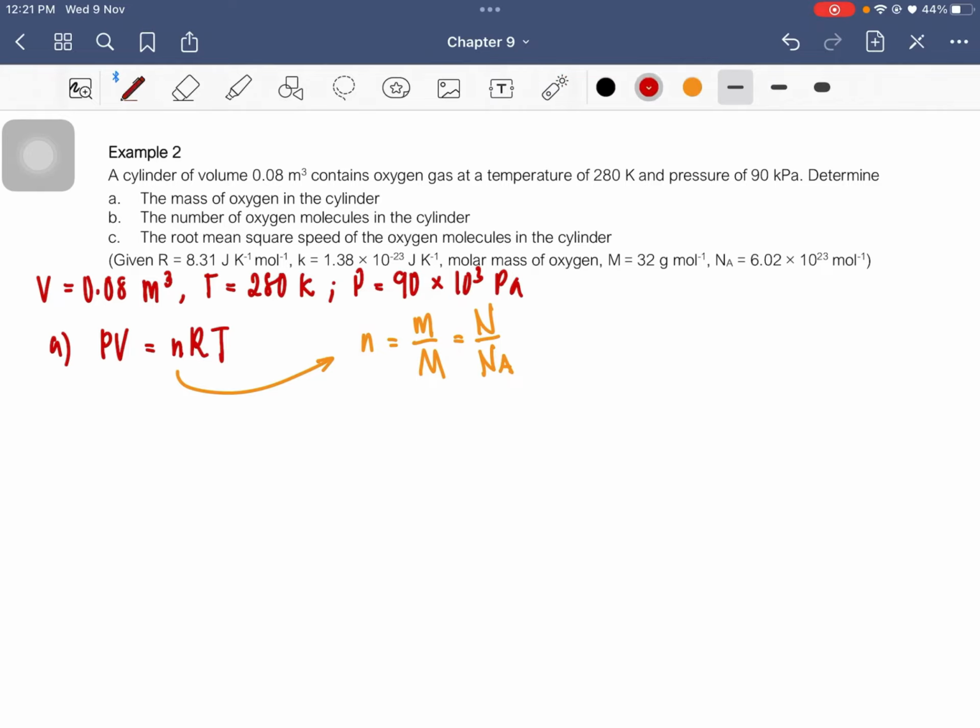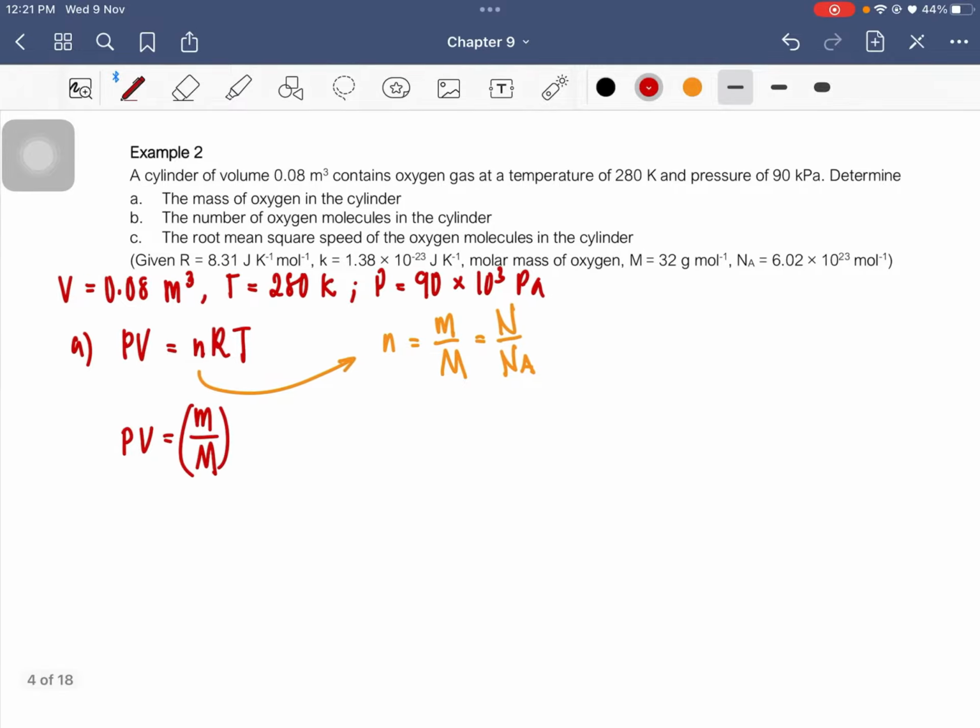So bila kita substitute into the equation, it will be mass of the gas over the molar mass of the gas, equal to PV over RT. Okay, so sekarang ni we have to find m lah, the small letter m, the mass of the gas.